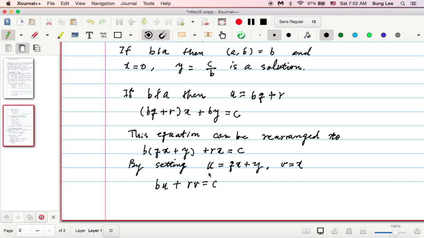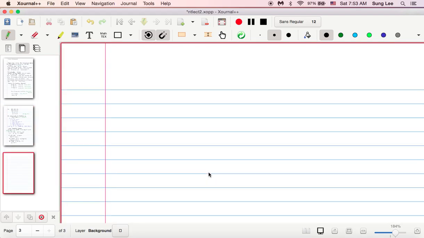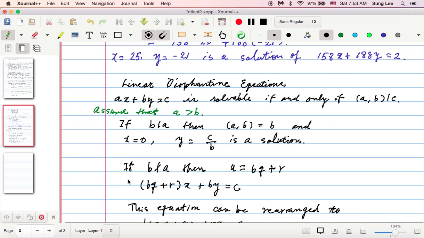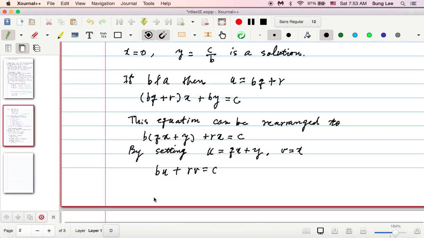I'm out of space, so I'm moving to the next page. Let me go back, because I have to mention something. Our new Diophantine equation has coefficients B and R, right?